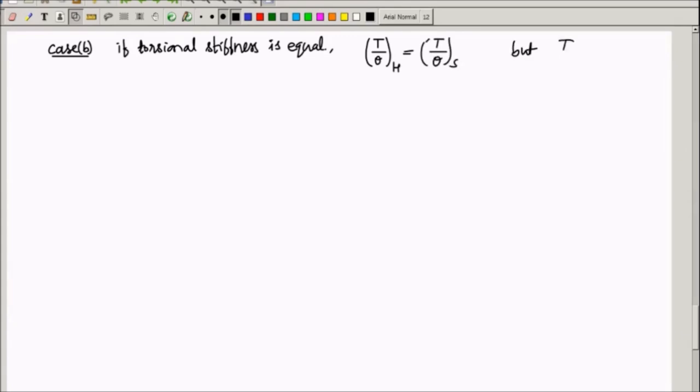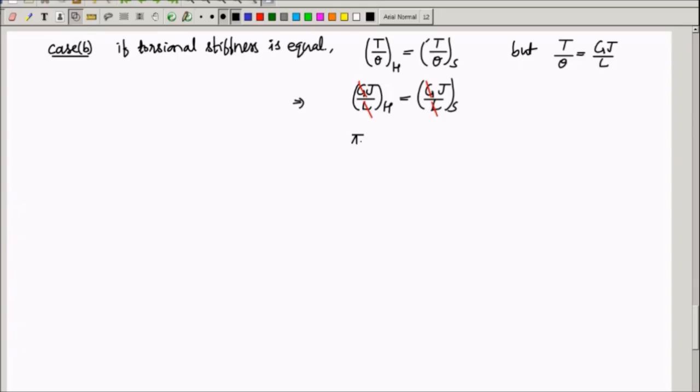But T by theta is nothing but GJ by L. We know that. So if I substitute, GJ by L of hollow shaft is equal to GJ by L of solid shaft, I can cancel G because it's made up of the same material, and length also I can cancel. It is simply the equation of polar moment of inertia J.